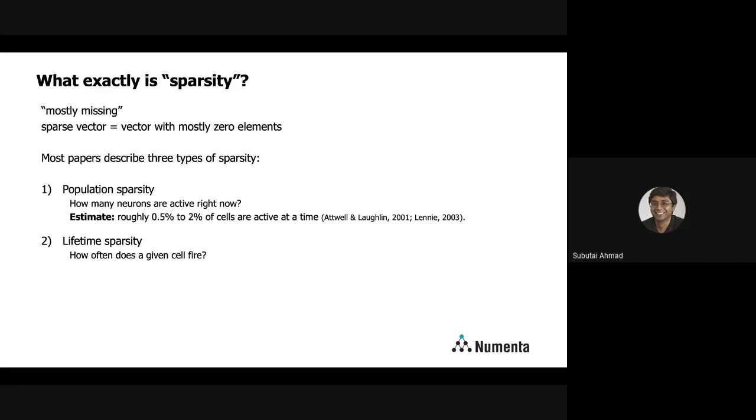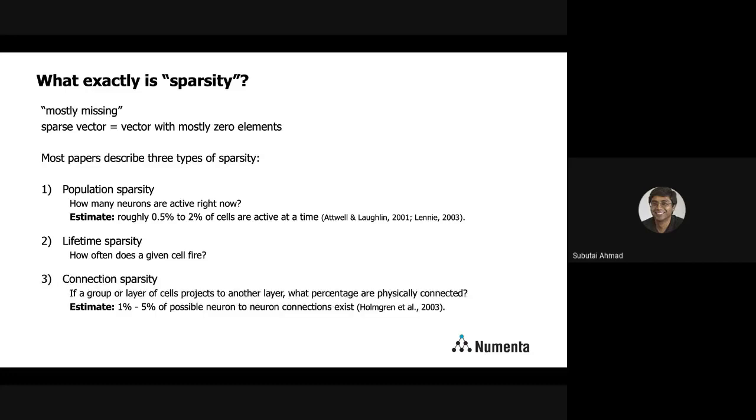Lifetime sparsity is related. It looks at a given neuron and asks how often that cell fires. If everything is equal, then population sparsity and lifetime sparsity should be roughly equal. The third is connection sparsity. If you think about a layer of cells projecting to another layer, what percentage of the cells are actually physically connected?